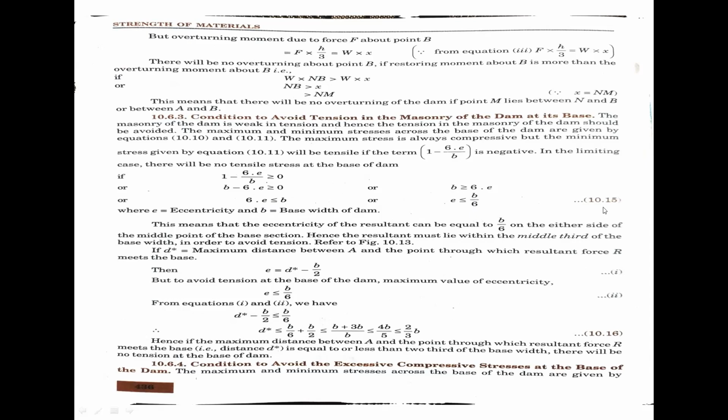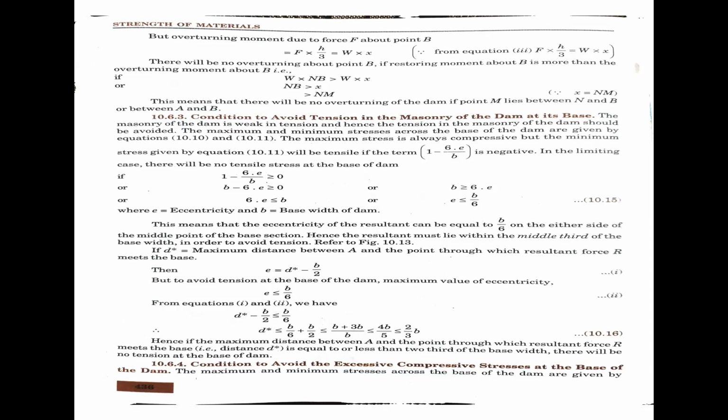Now equation 10.15, where E equals eccentricity and B equals base width of the dam. To have no tensile stress at the base of the dam, you take 1 minus 6E by B greater than or equal to 0. Finally, E less than or equal to B by 6, equation 10.15.